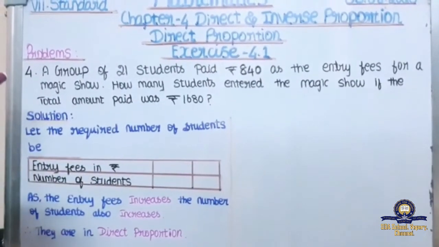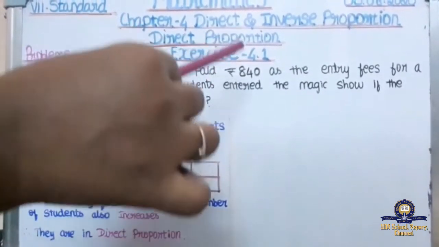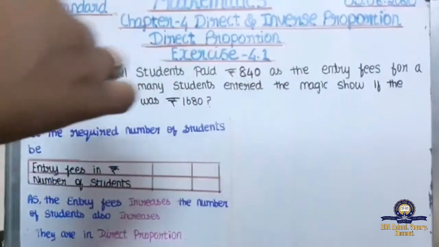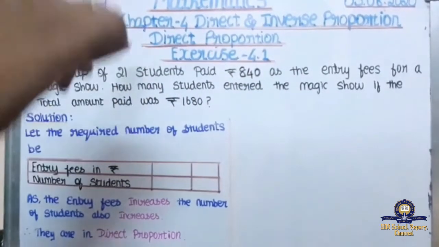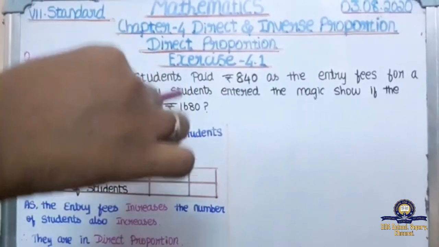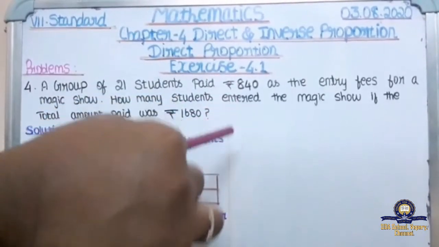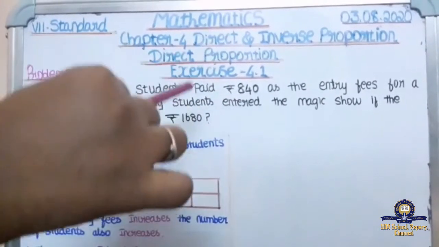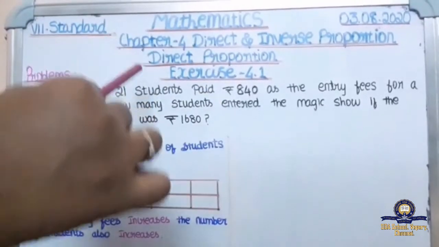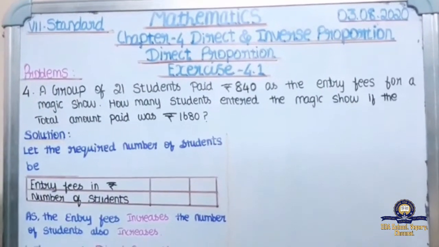The next problem given here is: a group of 21 students paid rupees 840 as the entry fees for a magic show. Then how many students entered the magic show if the total amount paid was rupees 1680? So 21 students paid rupees 840. We need to find how many students entered the magic show if the total amount paid was rupees 1680.